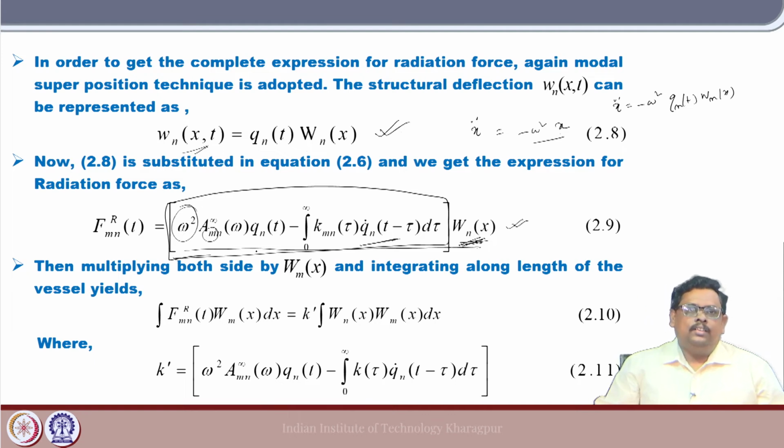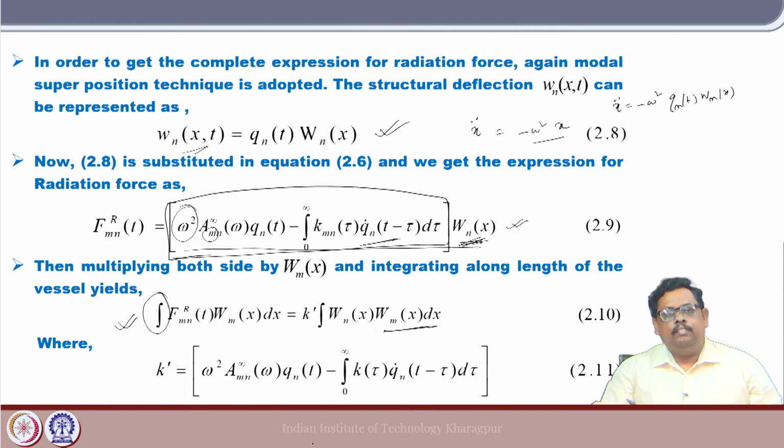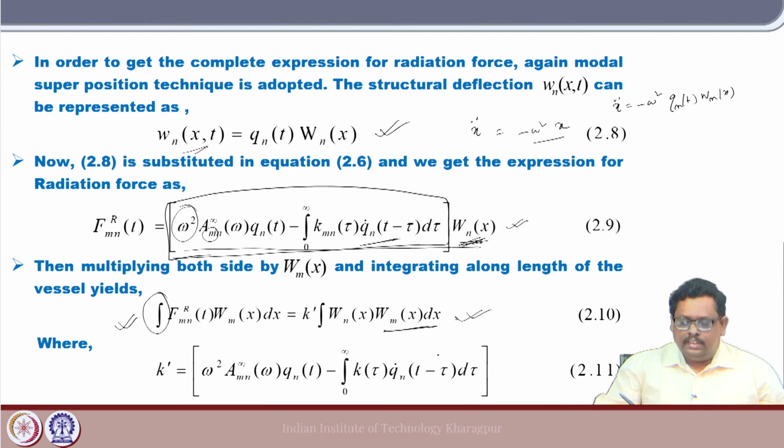Now, as you know, initially I multiply everything with w_m(x), which is the arbitrary mode shape. So, when you multiply this, then finally you have this expression 2.10, because here I just have w_m(x), and then we need to integrate from 0 to L. So, I integrate it from 0 to L, and therefore I have this expression, right. This is very trivial. You just sit here, substitute, and you can get this expression.